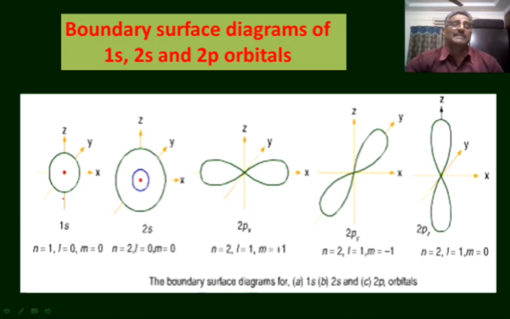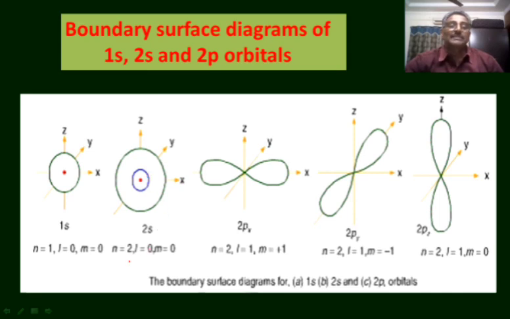For the 1s orbital, the principal quantum number n is equal to 1, and the azimuthal quantum number L is equal to 0. For n equal to 1, L can have only one value, that is 0. If L is equal to 0, M is also 0. So for the 1s orbital, the principal quantum number is 1, the azimuthal quantum number is 0, and the magnetic quantum number is also 0.